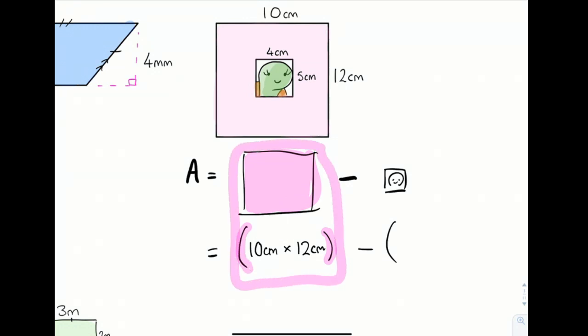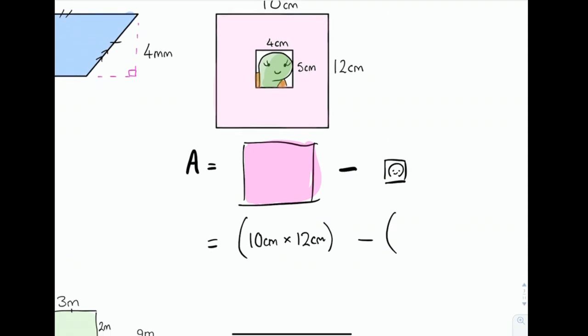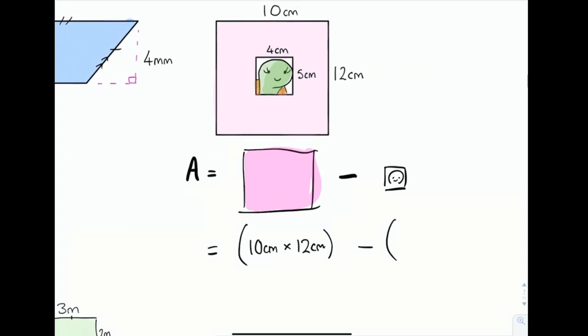It's a really good way to keep your working out neat and tidy, because if you make a really long line of working, I find that I get a little bit lost unless I group things together nicely.